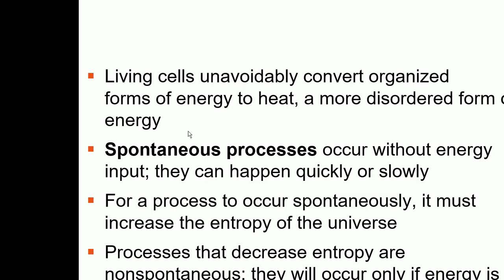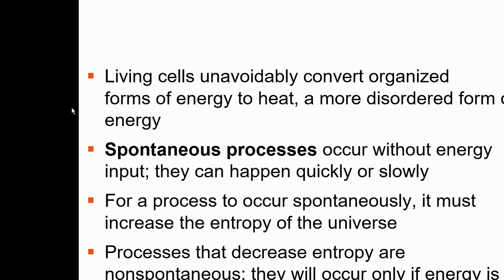One important thing we need to know is there are two kinds of processes. We will talk about what spontaneous processes and non-spontaneous processes are, and then we will come back to the concept of the second law of thermodynamics again. Spontaneous processes are those which can take place on their own, which do not need the input of energy, and non-spontaneous processes are those which need the input of energy, which cannot take place on their own.